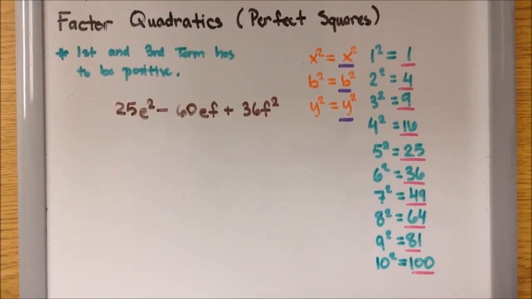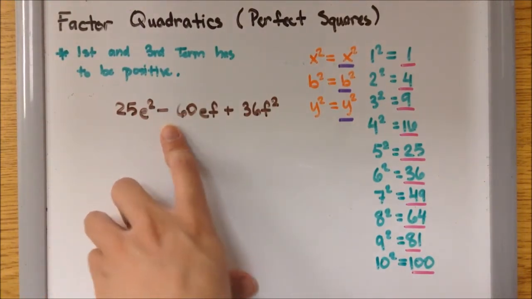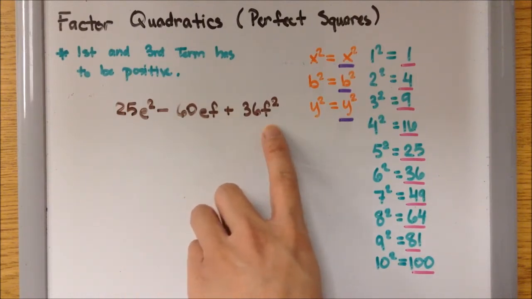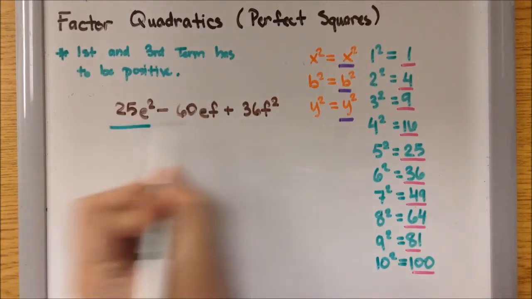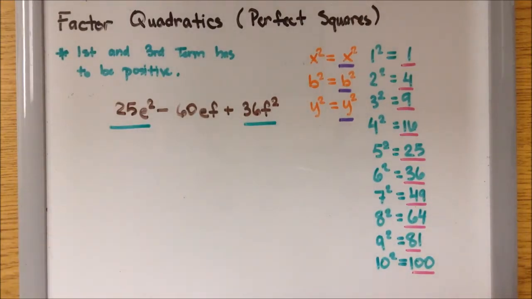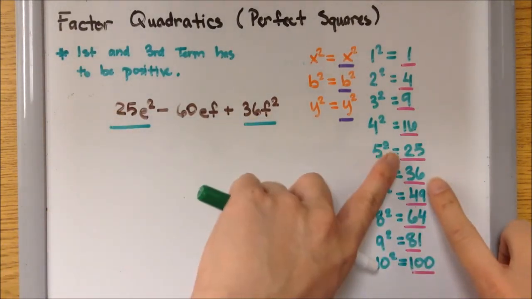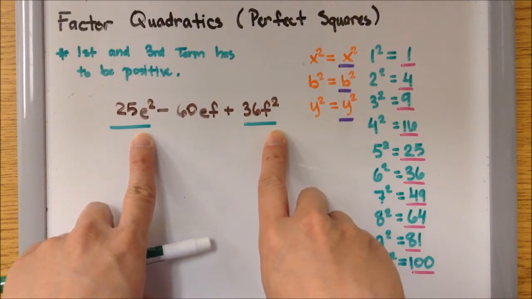In our third example, we have 25e squared minus 60ef plus 36f squared. First term, third term, both positive. 25 and 36, perfect squares. E squared, f squared, also perfect squares.